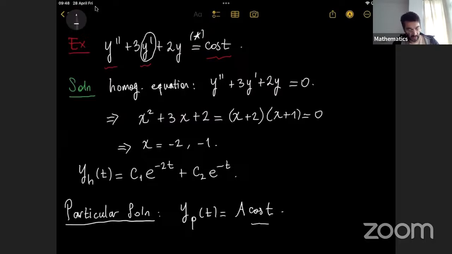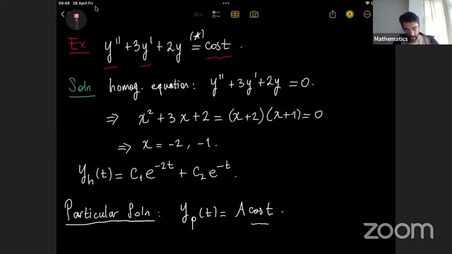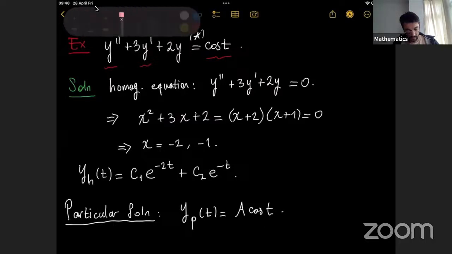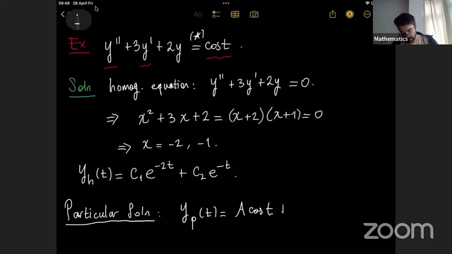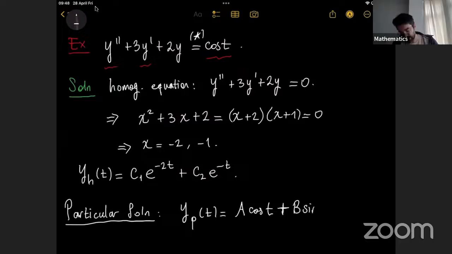So that's why, instead of cosine only, do you have any guess? Well, the derivative of sine is cosine, so B times sine t. B times sine t, good. It is a good guess because when you take the derivative of sine, you will get cosine and you will get the right-hand side. So this is a better choice.